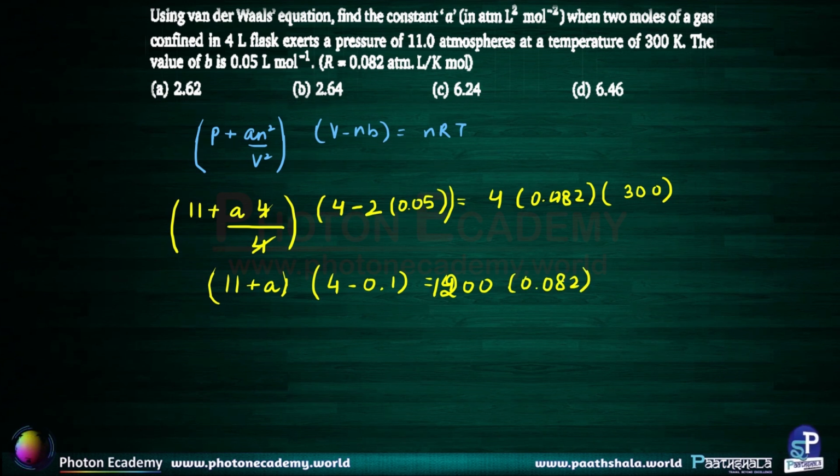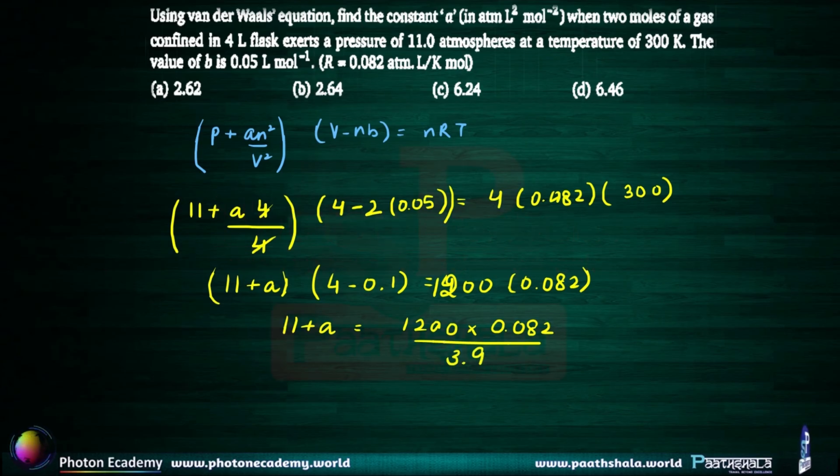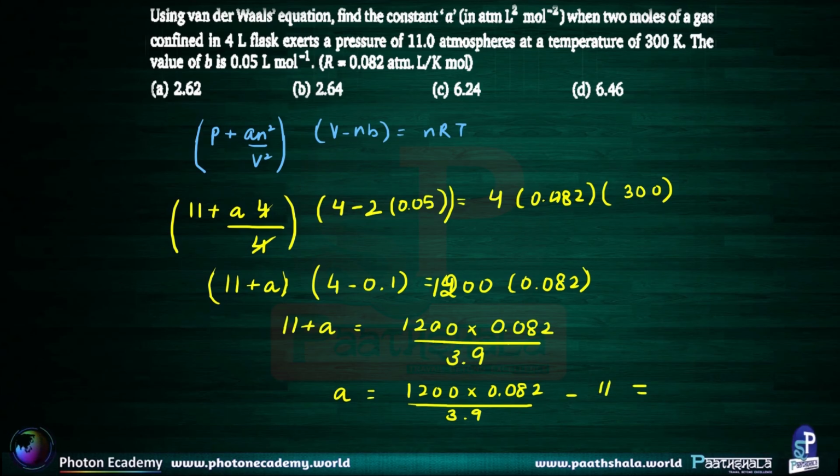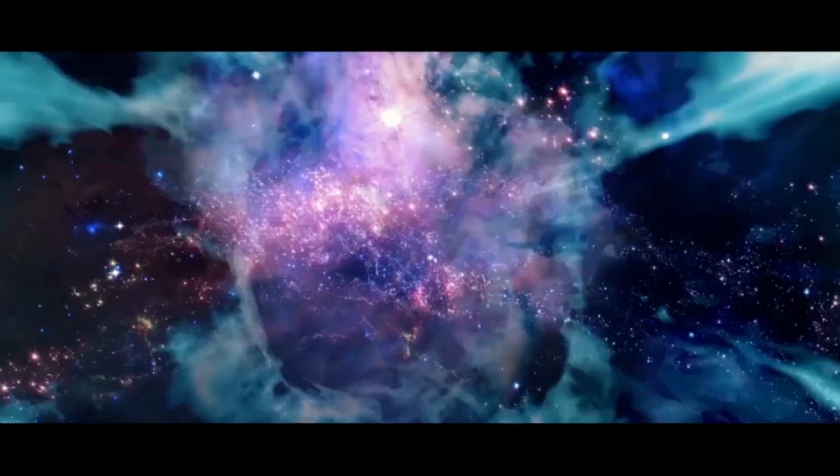So we can write 11 + a = 1200 × 0.082 / 3.9, and a will be this entire quantity minus 11. When you solve this, you would get the value of a to be 6.46. And so our answer would become option D.